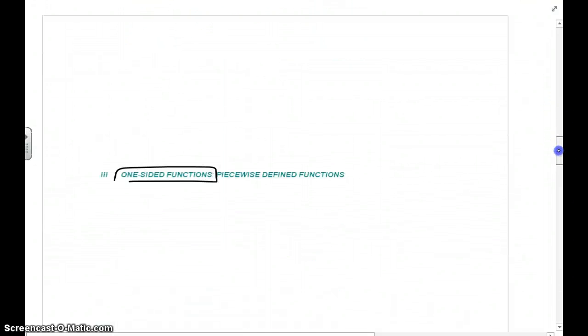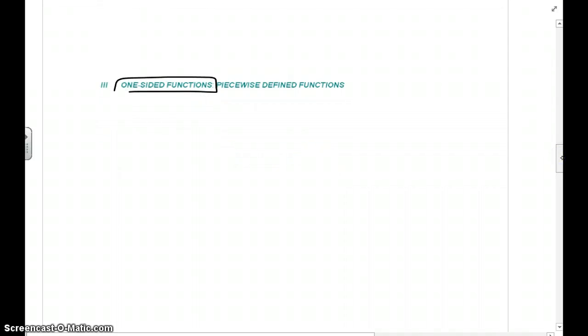Okay, so after factoring, the next thing is if we have one-sided functions or piecewise defined functions, and what we are going to do to evaluate limits algebraically when we're given this type of function. My function is f of x. If you don't remember, this is how we write piecewise defined functions. So f of x is equal to 3 different things in this case.